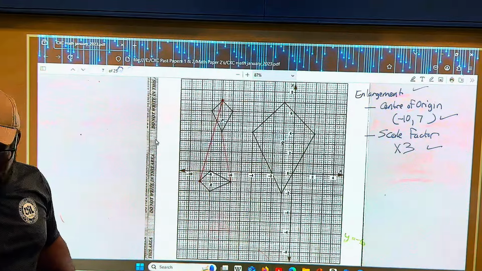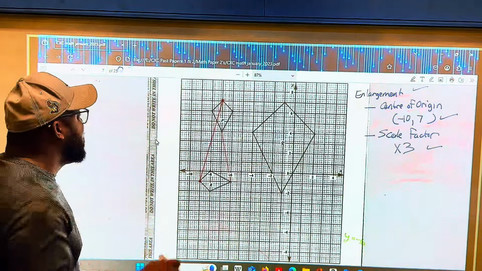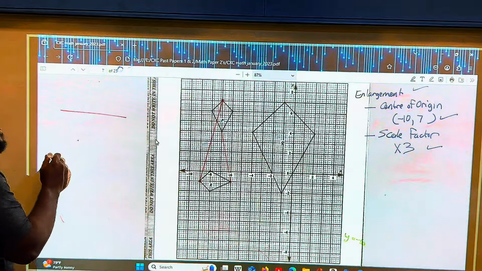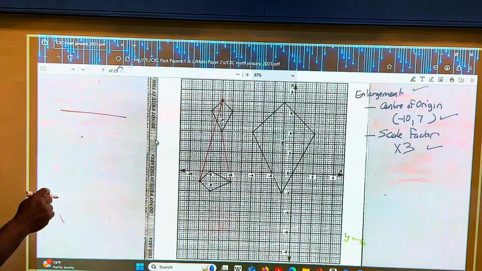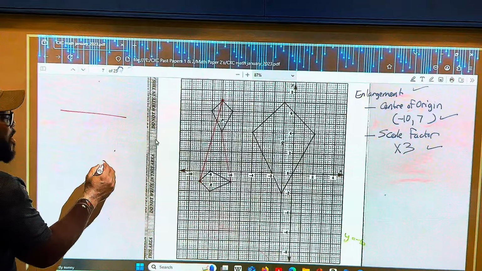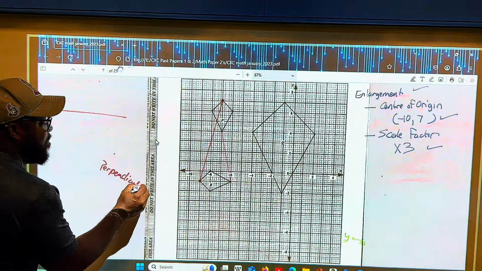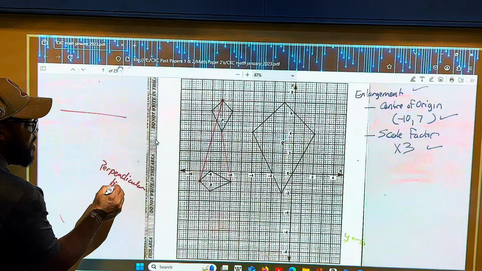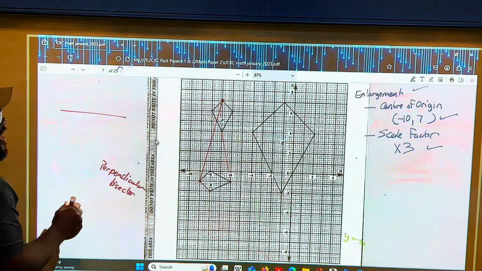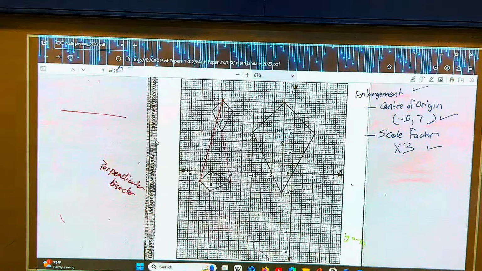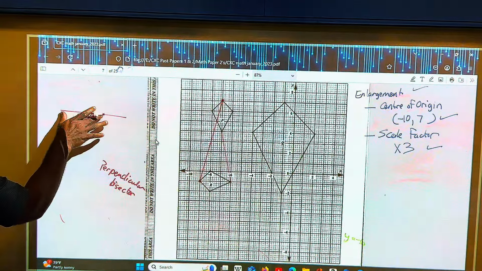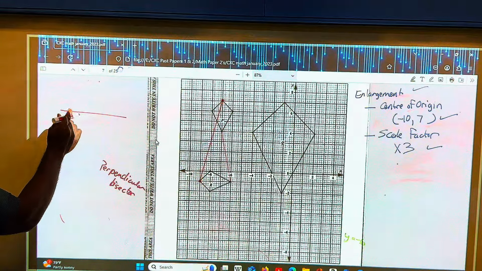Now, when you're done with that, you guys remember how to make a perpendicular bisector? We did it Tuesday. You're going to open your compass to more than half.